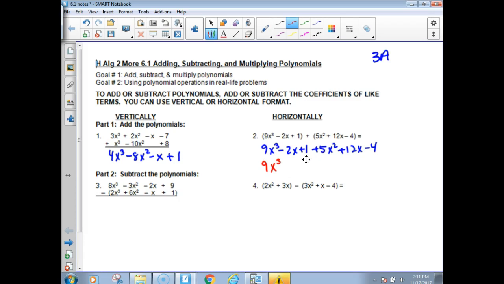There are no other x squared, so you bring down the 5x squared and keep going in descending order. I look for the next power of x, which would be x to the first. I have a negative 2x and a positive 12x, which gives me 10x. And then I have 2 constants. I have a positive 1 and a minus 4, and that would give me minus 3.